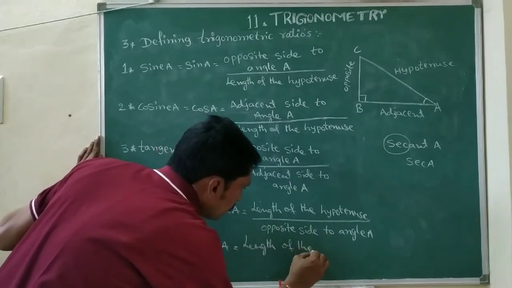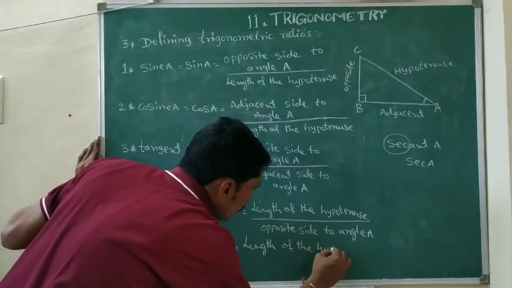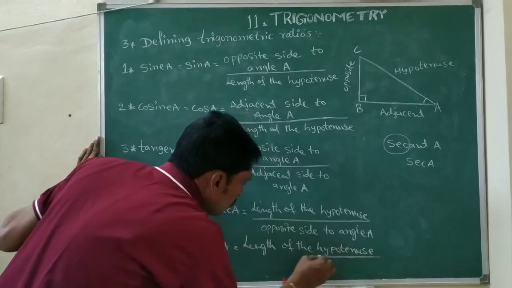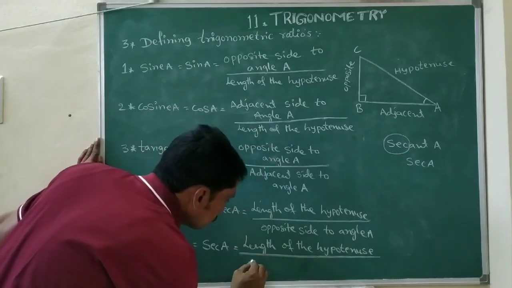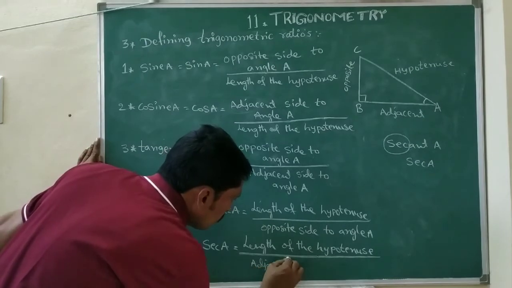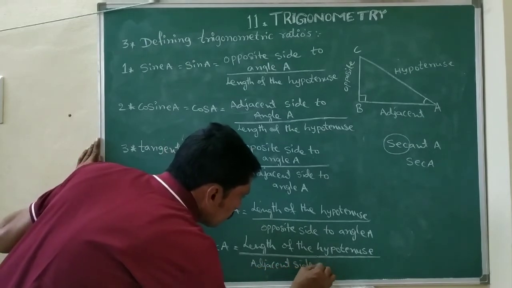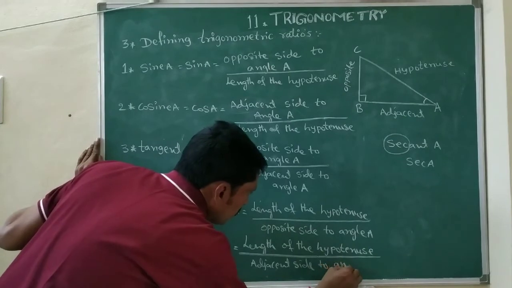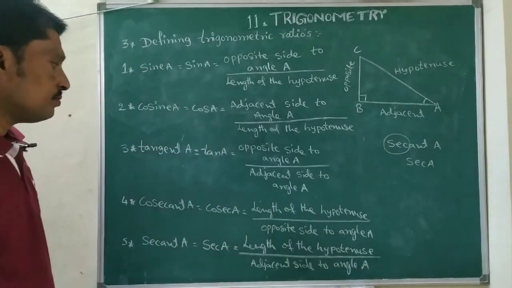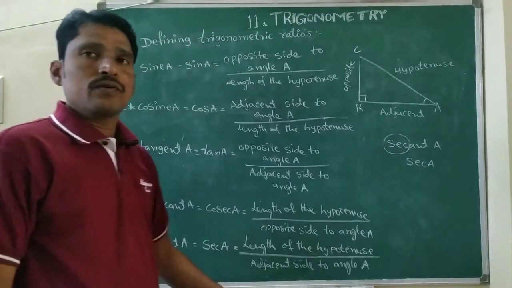Sec A equals the length of the hypotenuse by the adjacent side to angle A. This is the fifth one.